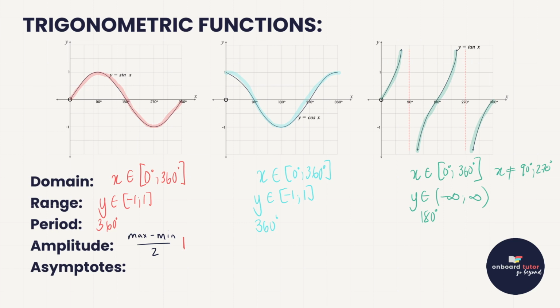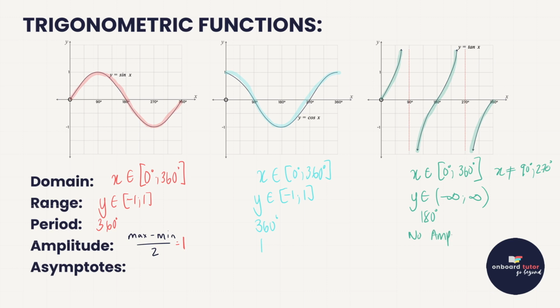Or I could have said 1 minus minus 1, so that becomes 2 divided by 2, which gives me an amplitude of 1. The cos graph has the same amplitude: the distance between rest and the maximum point is 1 unit. The tan graph is a little bit different, because here's its rest point, but it goes on forever. The tan graph doesn't have a maximum, we can't define it, and it doesn't have a minimum. So the tan graph has no amplitude.